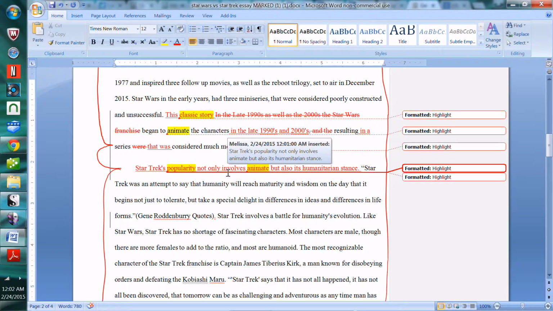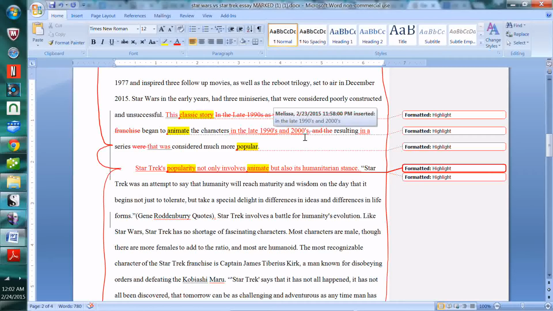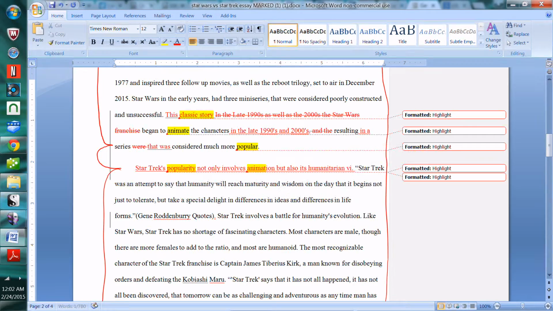So we have this classic story began to animate the characters in the late 1990s and 2000s, resulting in a series that was considered much more popular. Star Trek's popularity not only involved animation, but also its humanitarian, let's say, views. Star Trek was an attempt to say that humanity, okay, so we're able to bring two words together.